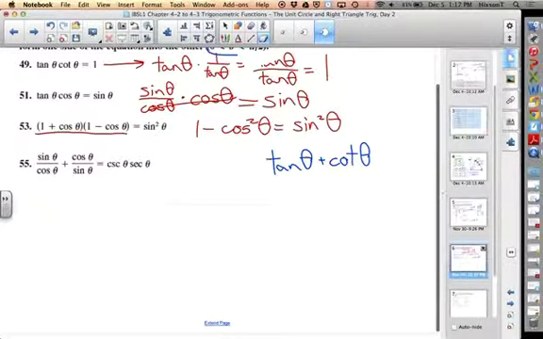That's a thought. I made the denominators the same, so I multiplied by sine for the first one, and I multiplied by cosine on the second. Okay, so you multiply this by sine over sine, so you got sine squared over sine times cosine. And then this one you multiplied by cosine over cosine.